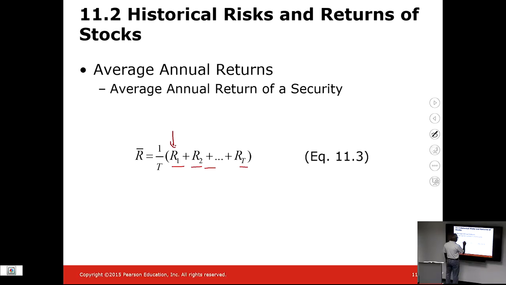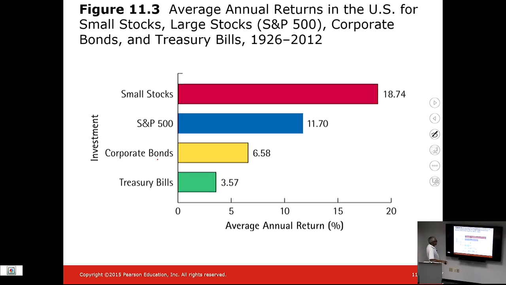All we have to do is add up the returns that we have observed over whatever calendar period we observed them and divide it by the number of observations that we just had. So this is the classic definition of mean or average. You add up the observations and you divide it by the number of observations you have. So that's average return or mean return.